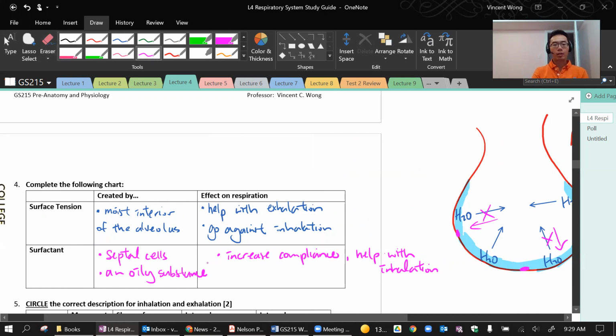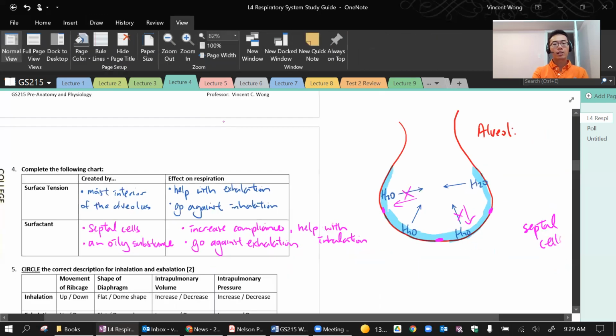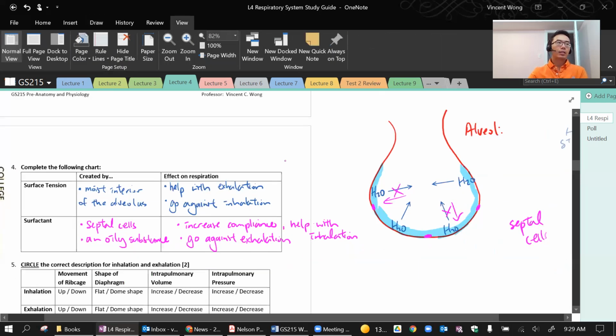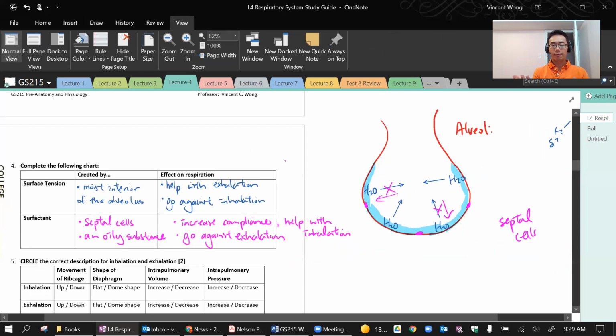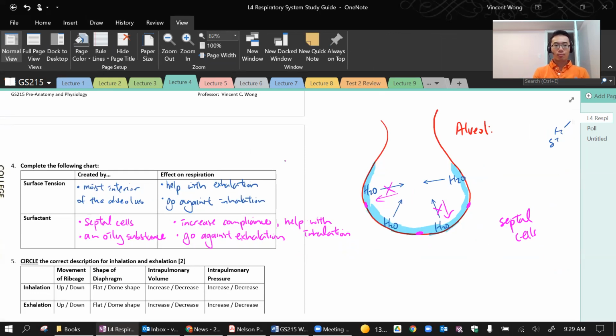It will help with inhalation. But too much is not good because it will go against exhalation. If something is too compliant, then you reduce the elasticity, so it won't be able to squeeze out the air as much.